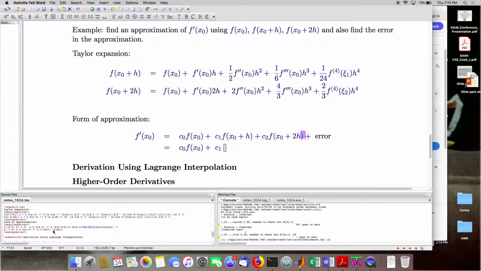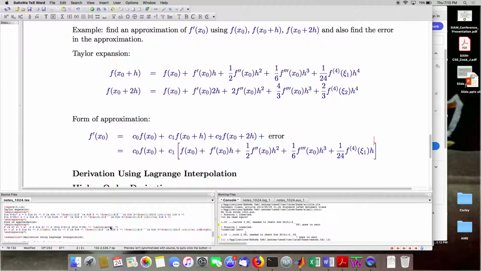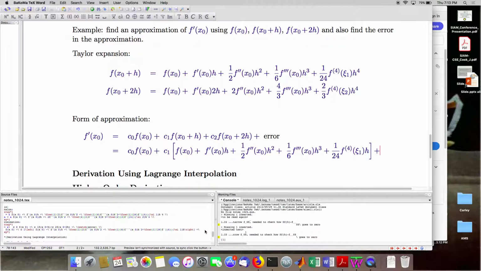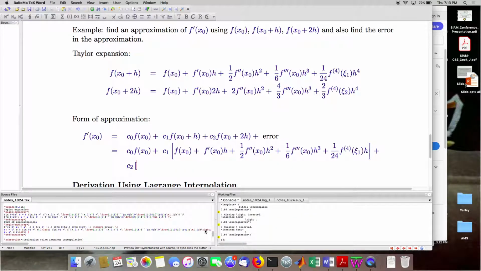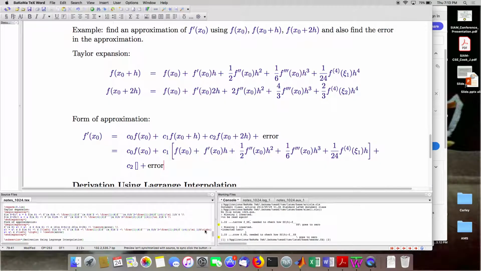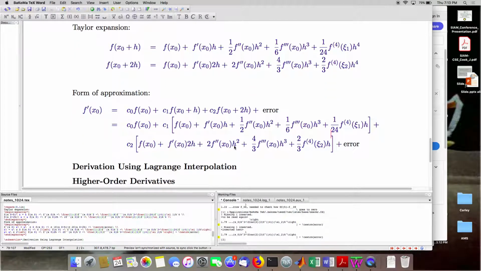And then of C2, plus, okay, this second Taylor expansion I will dump in there.